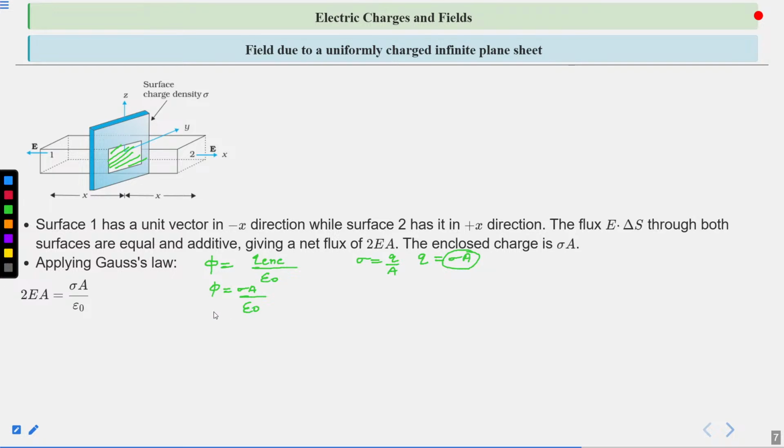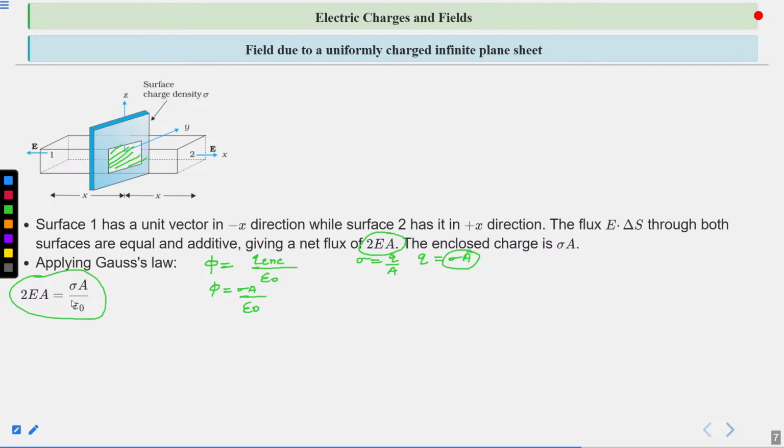And the total flux is 2EA, so 2EA is equal to sigma into A divided by epsilon naught.